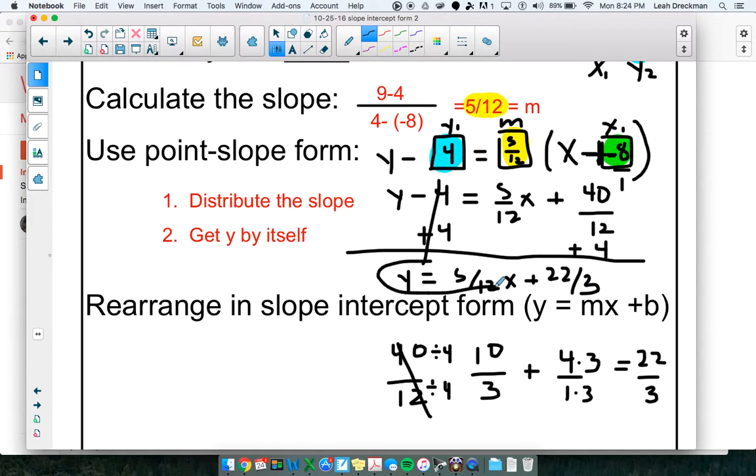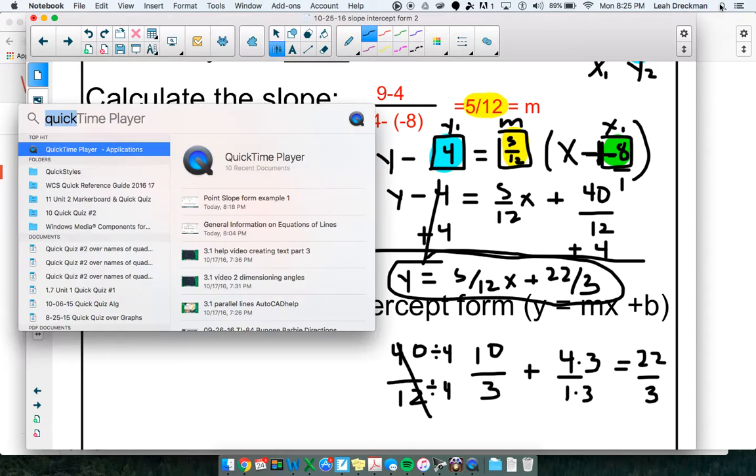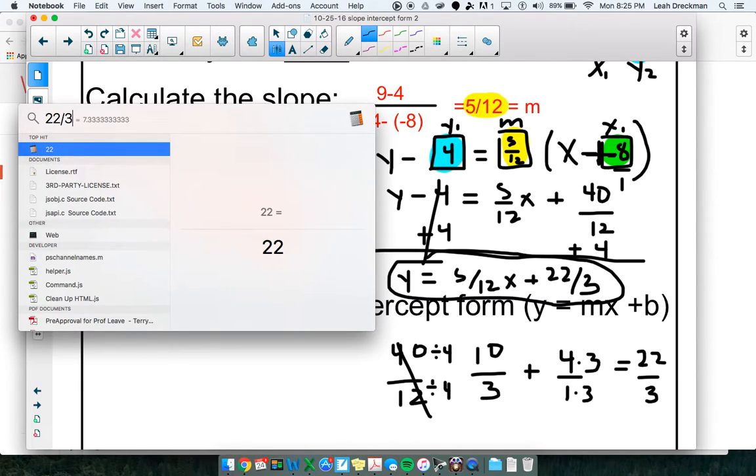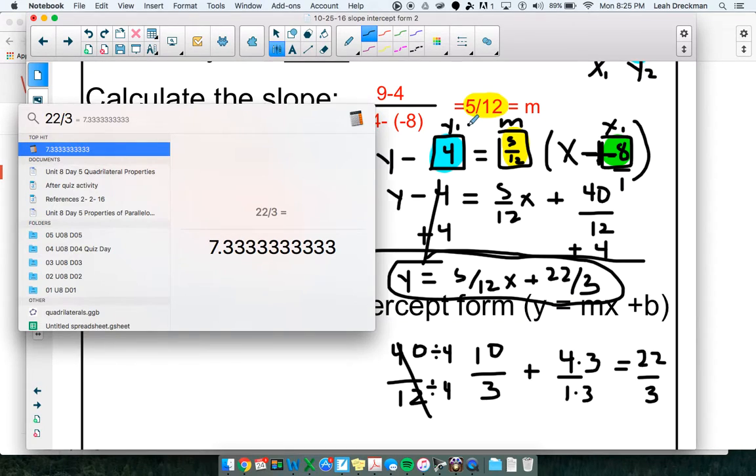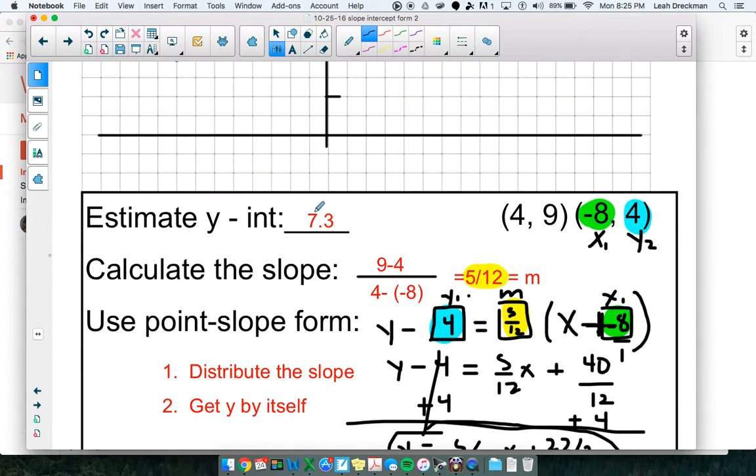Don't divide it out. The only reason I'm going to divide it on the screen is just to show you that our approximate y-intercept was pretty much right on. So 22 divided by 3 is like 7.33. Look at that. That's exactly what we estimated.